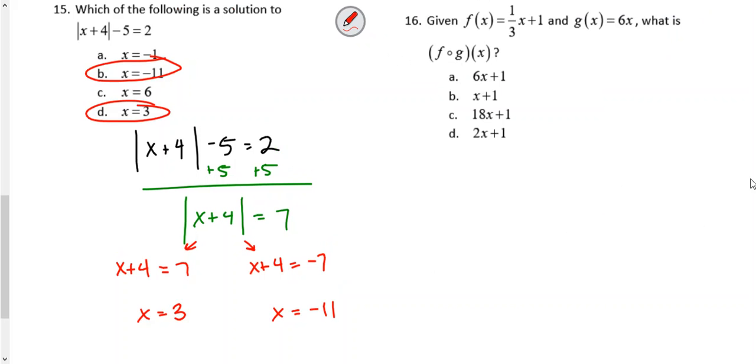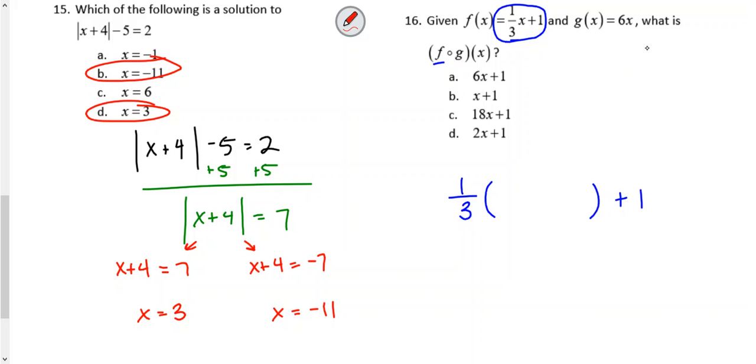And 16, given f of x equals 1/3 x plus 1 and g of x equals 6x, what is f of g of x? Remember, open circle means open parentheses. So in the f function, I'm going to rewrite it 1/3, but instead of writing x, I'm going to change that to open parentheses and then plus 1.